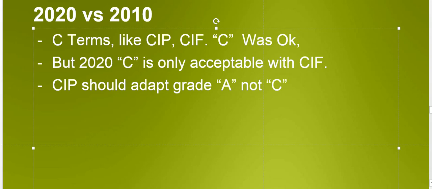So the buyer can add or upgrade insurance to A according to his circumstances. The beneficiary of the insurance in C terms is none other than the buyer, not the seller. So the lowest level insurance by the seller is allowed.